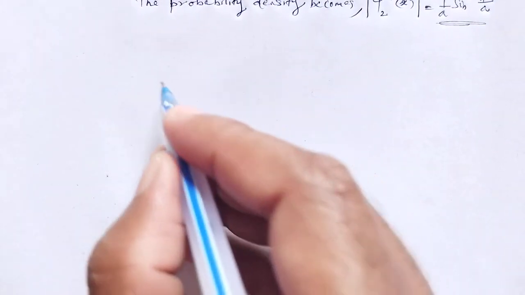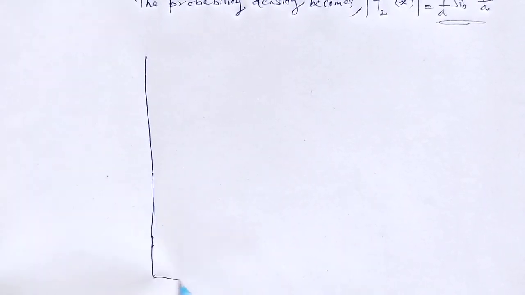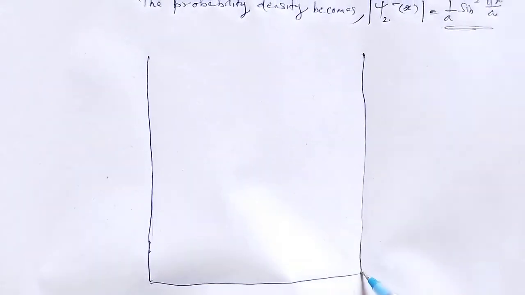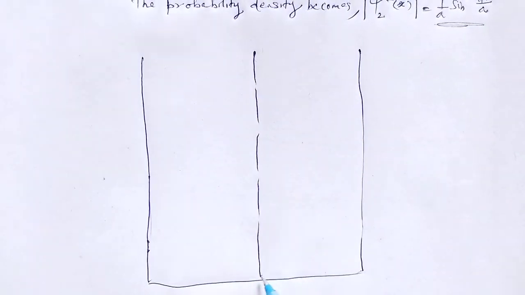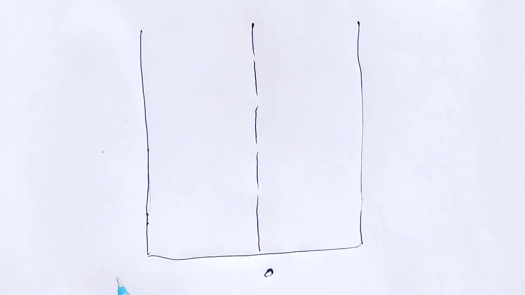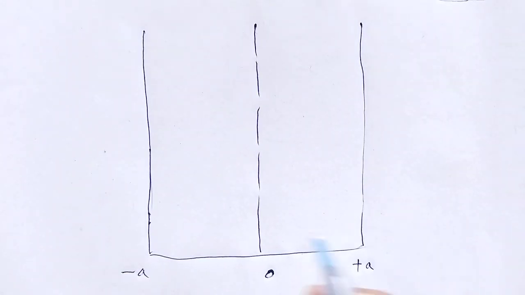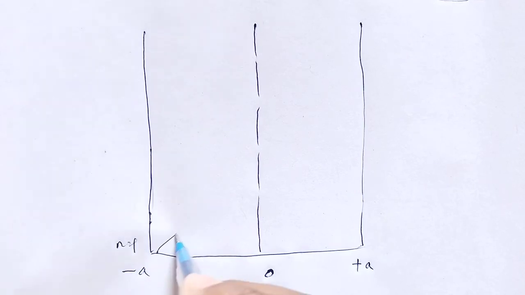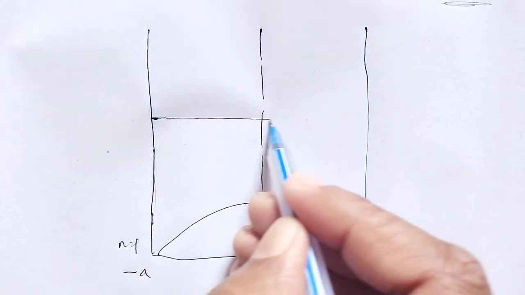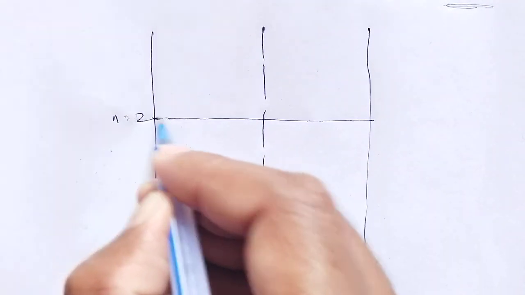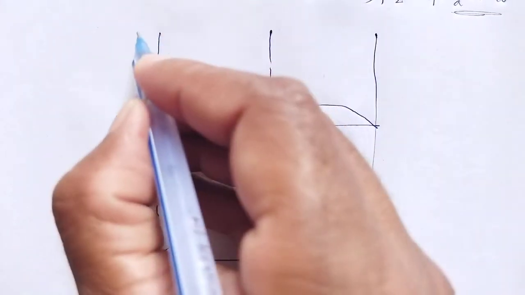Now the probability distribution, graphically we plot it. The probability distribution from minus a to plus a: when n is equal to 1, the probability of finding the particle, and when n is equal to 2, the probability of finding the particle.